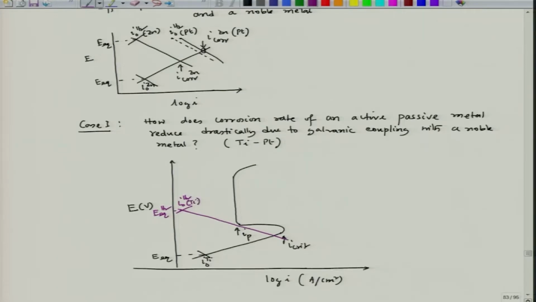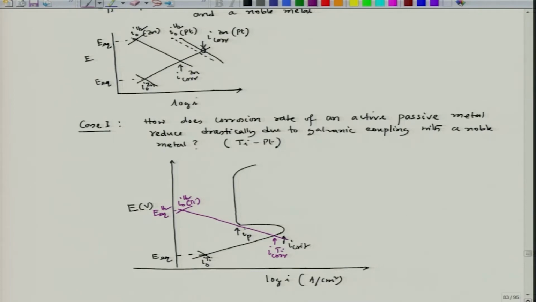This is the typical plot, and the intersection point is at this point. So, this becomes I core titanium.